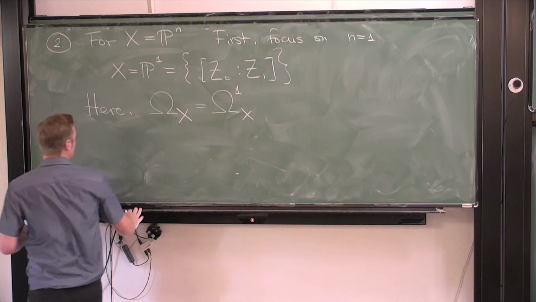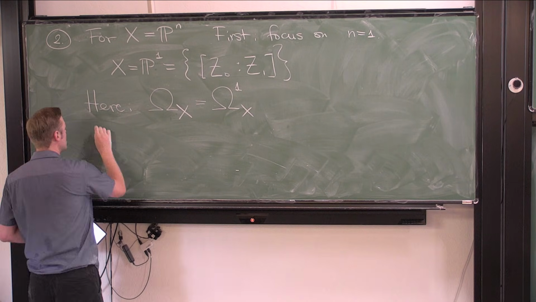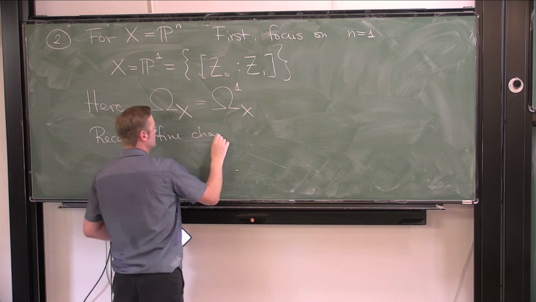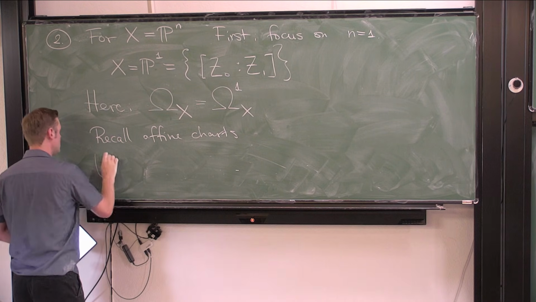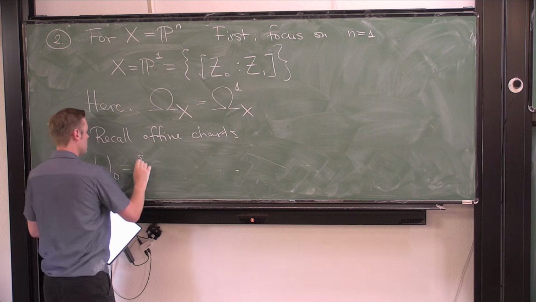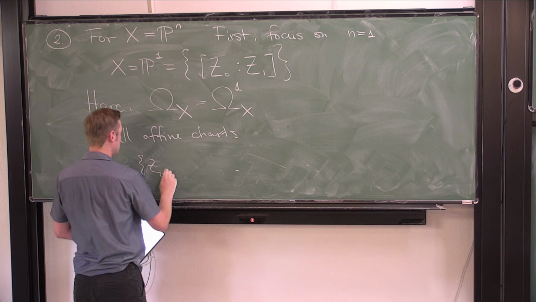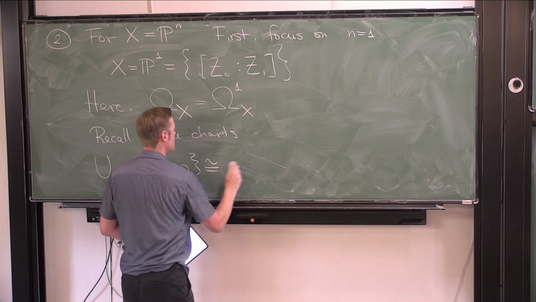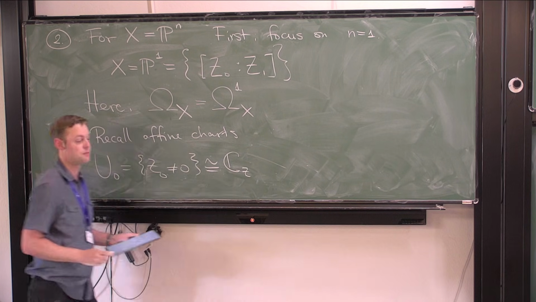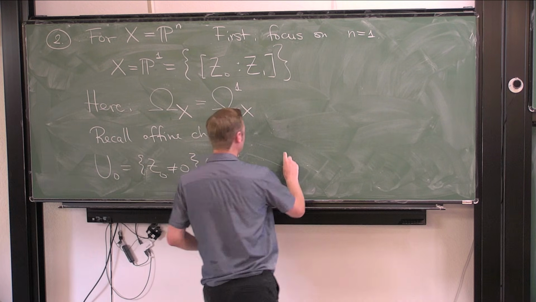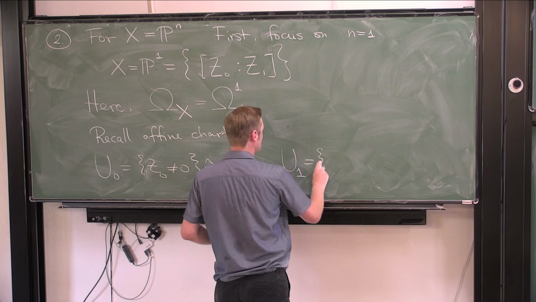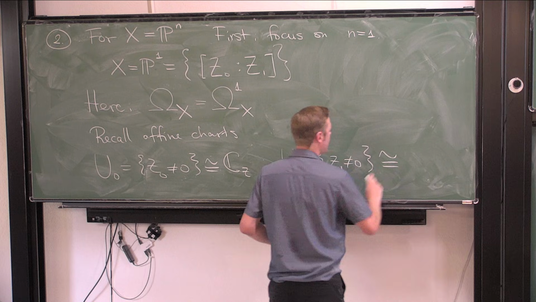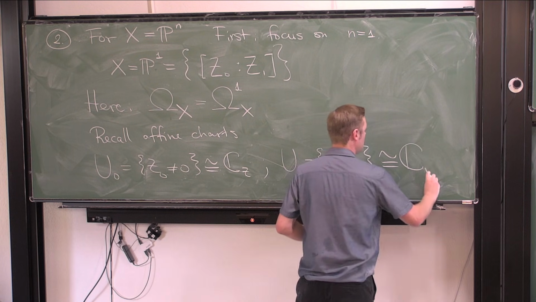Recall that we have these affine charts. We had U0, which was the one where Z0 was not 0. I identified it with the complex Z plane. Then we also had the other affine chart where Z1 was not 0, and I identified it with the complex W plane.